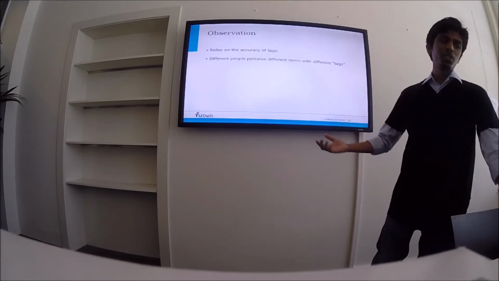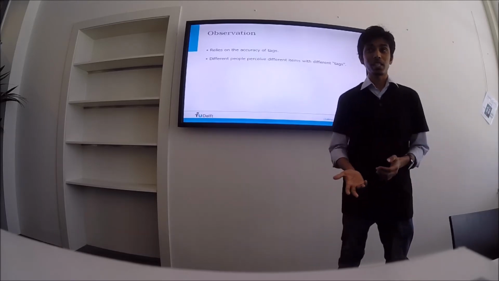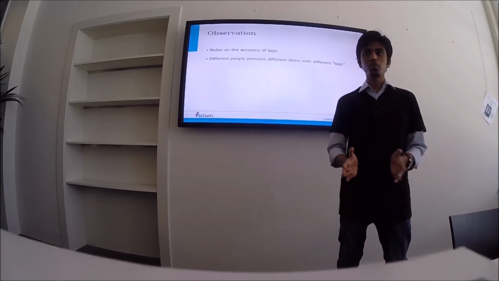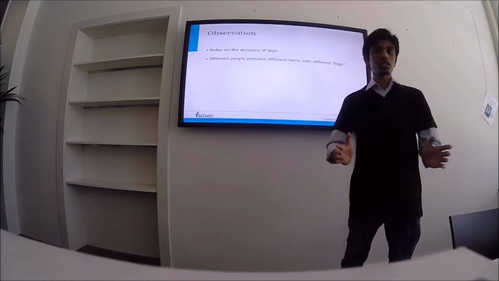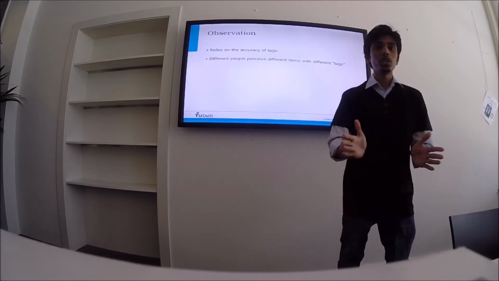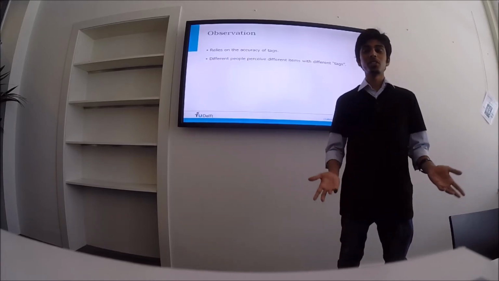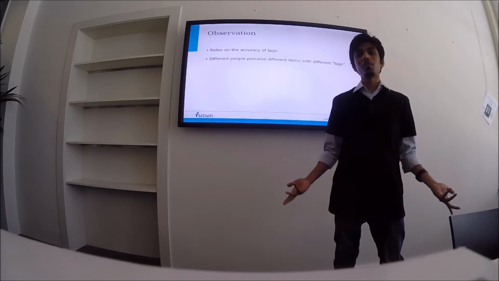So here are some observations. It entirely relies on the accuracy of the tags. So the person who creates the metadata has to be very particular about how he creates the tags and not just generalize to a genre. For example, I could just say action for a number of movies which are not exactly action movies but also include maybe drama or romance.